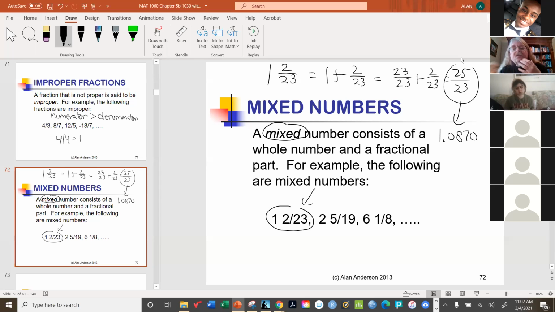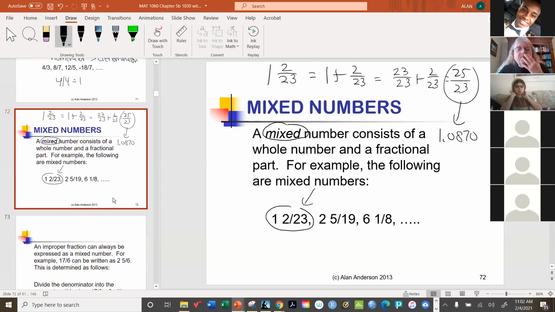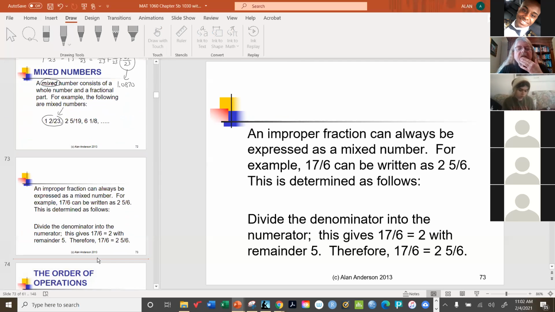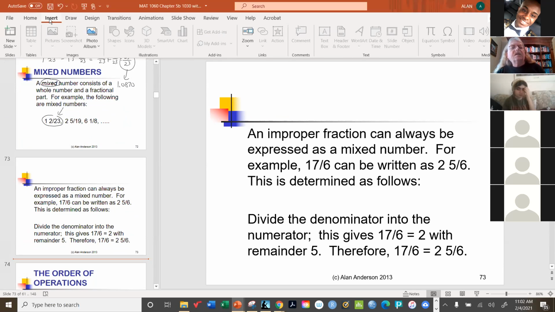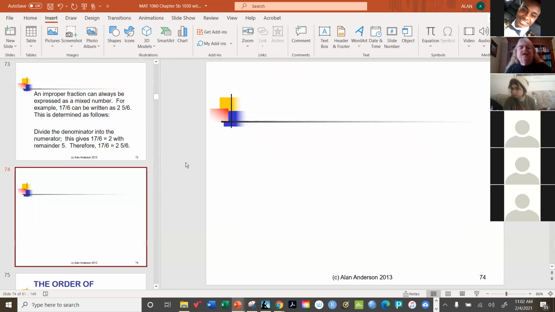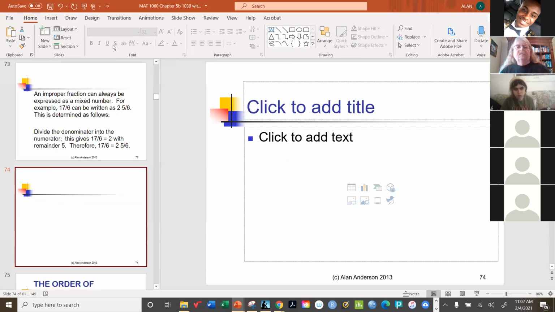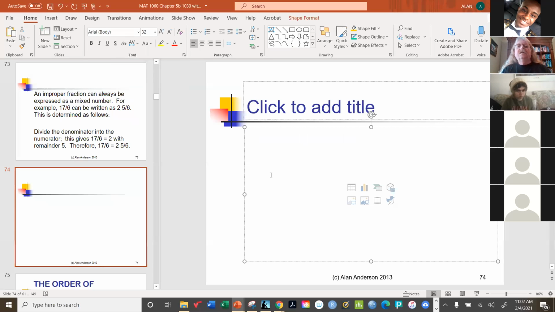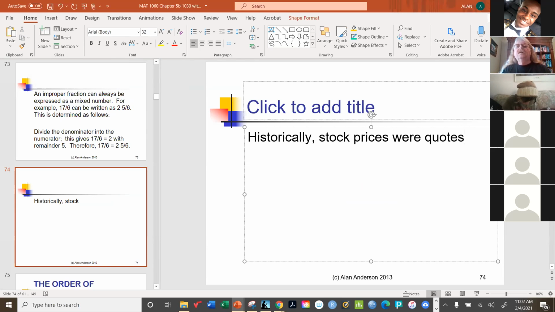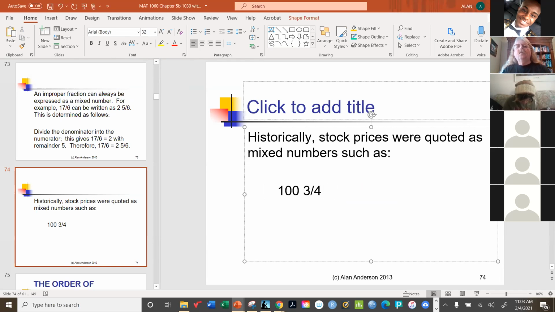Now, interestingly enough, it used to be the case in the United States, and every country for that matter, that stock prices, until very recently, historically, were quoted as mixed numbers, such as 103/4 or 105 and 5/16, that kind of thing.